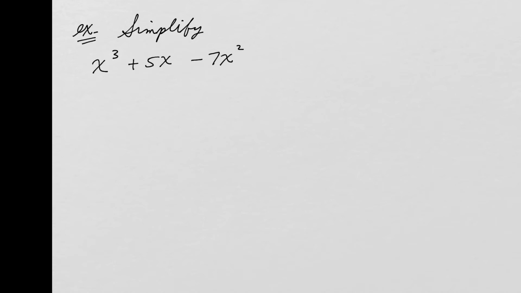Okay, what if we want to simplify polynomials? Let's say I'm asked to simplify this polynomial, x cubed plus 5x minus 7x squared minus 1 minus x cubed plus x. How do I do this?